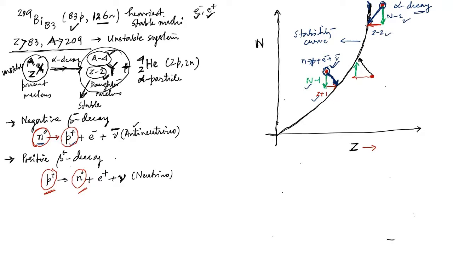So this is Z minus 1, and here is N plus 1, and then the system goes to the line of stability here.